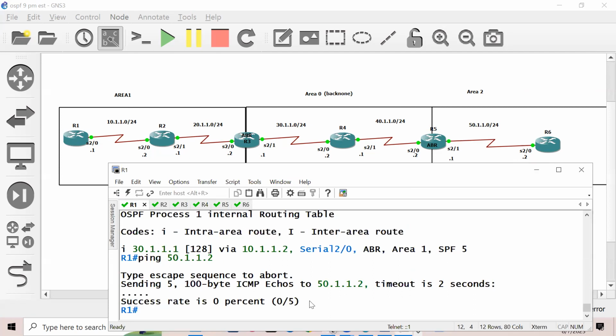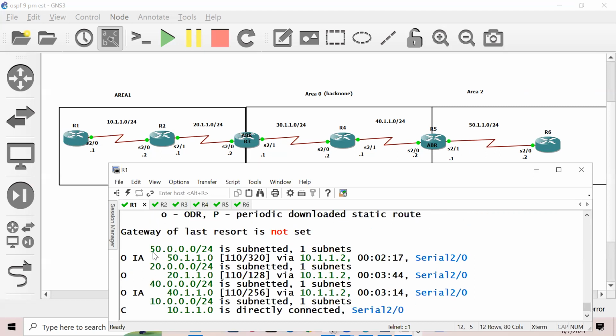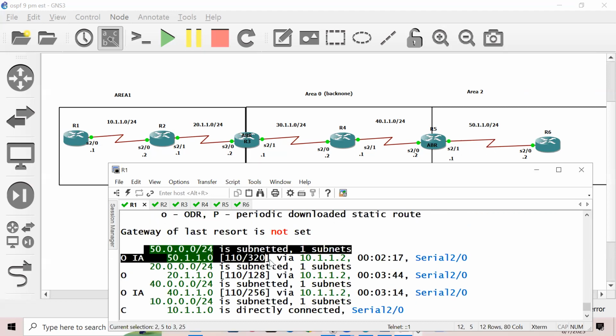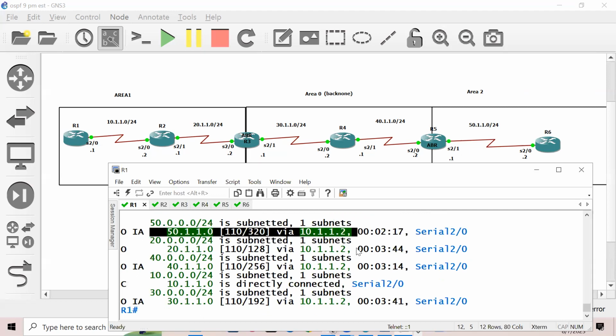You have to check if you get this problem. So just check show ip route and try to see every network. So see, I have the 50 network. I am getting the 50 network, but I cannot ping. What is the problem?